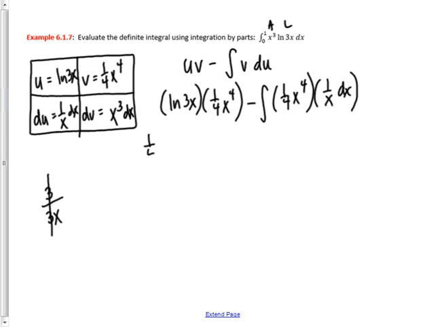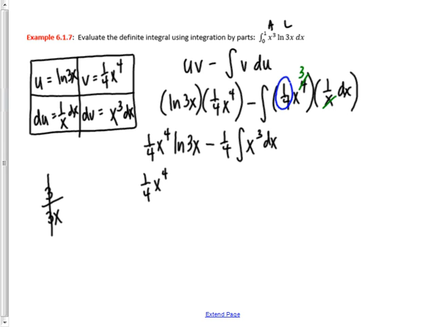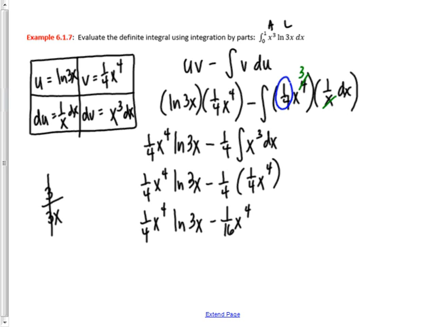Alright, so I get 1/4 x to the 4th times the natural log of 3x minus, remember, I'm going to pull that number out. 1/4, and then one of those cancels, so I end up with x cubed dx. So I get 1/4 x to the 4th times the natural log of 3x minus 1/4 times 1/4 x to the 4th, and I'm not going to write plus c. I'm going to say 1/16 x to the 4th.